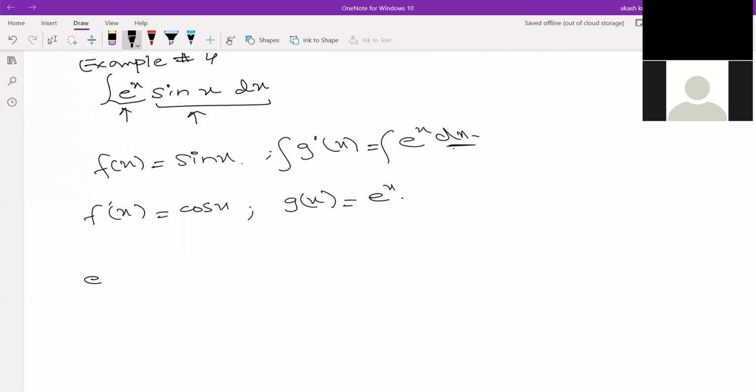So the integral of ex sin x dx becomes sin x ex, because f of x g of x minus integral of g of x and f dash of x, which is cos x dx. Is it clear?